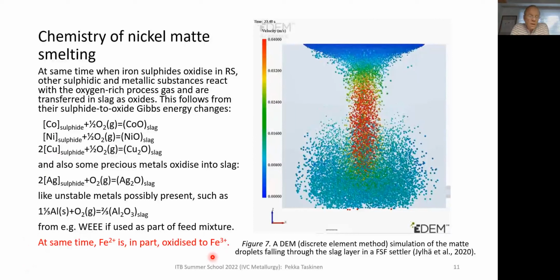This is important for the slag cleaning operations, in particular in nickel matte smelting conditions, because there we are recovering much more of these dissolved elements and metals in the slag than in pyrometallurgical copper slag cleaning.